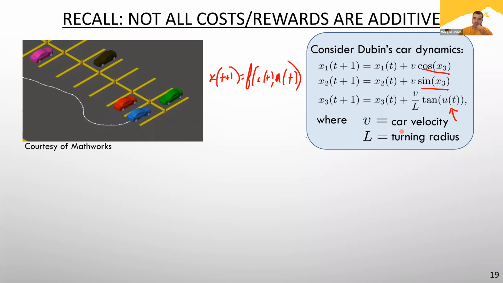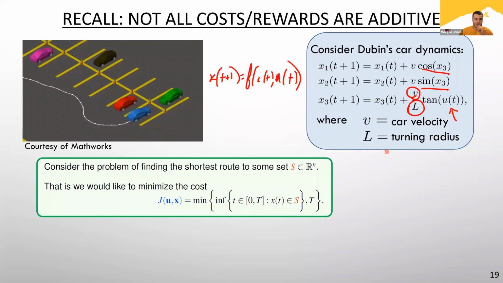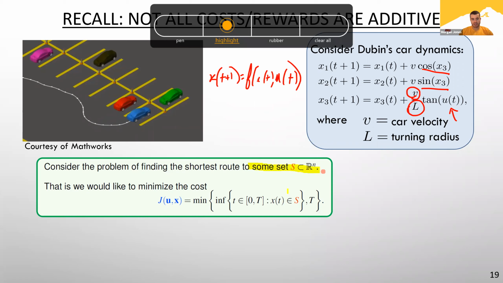And this models a car which has fixed velocity v and a fixed turning radius, and the input allows us to point which direction the car is facing. So an elementary problem would be to find the input sequence that drives the state to some goal set S.